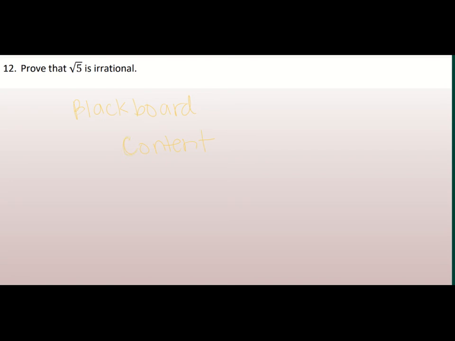Click content, and inside there, there is a proof that the square root of 2 is irrational. I think it's the square root of 2. It's some square root of some prime number. Okay, and it says minimal wording. Minimal wording, that's what you're looking for. That's the one. That's the easiest one you can possibly do. Okay, so go find that, and that'll be exactly the proof that you're looking for here.